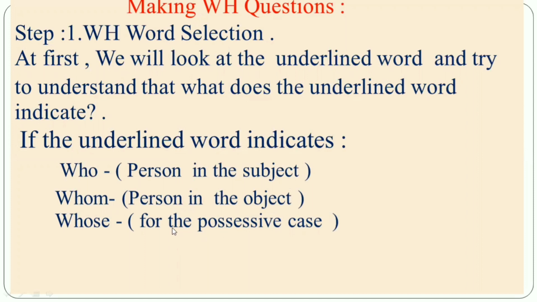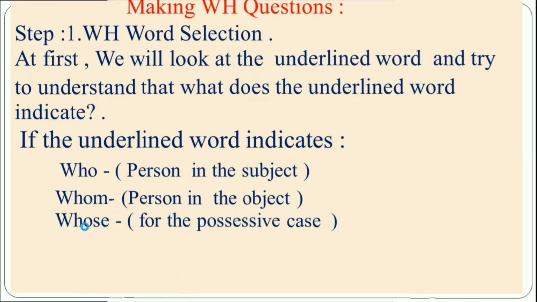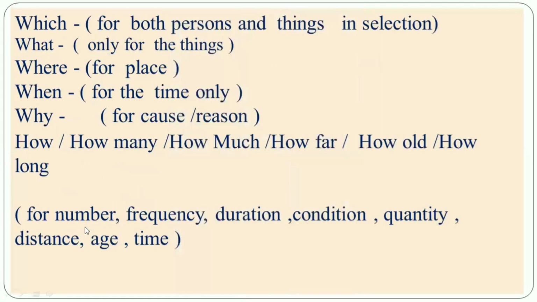If the underlined word indicates person and the possessive case, then WH word will be whose. If the underlined word indicates the person or things, or if it is selection, then WH word will be which.